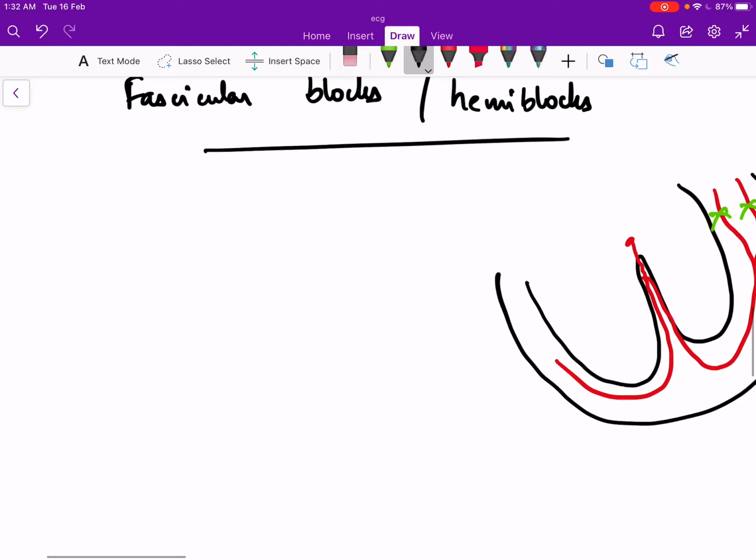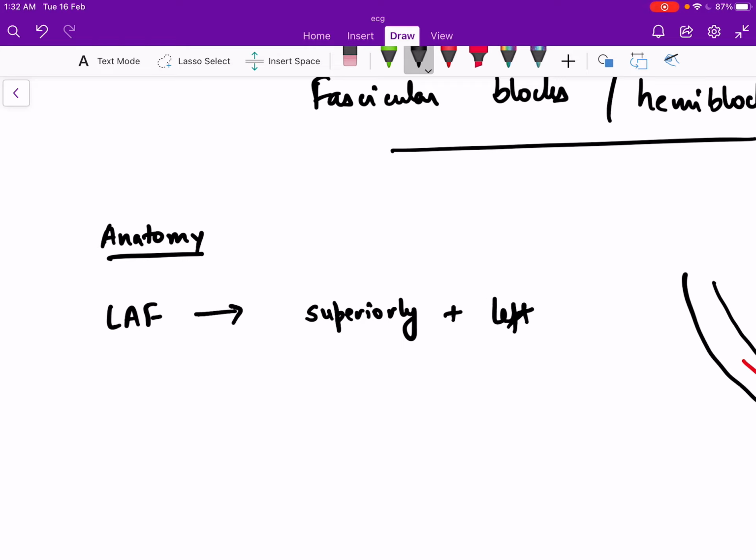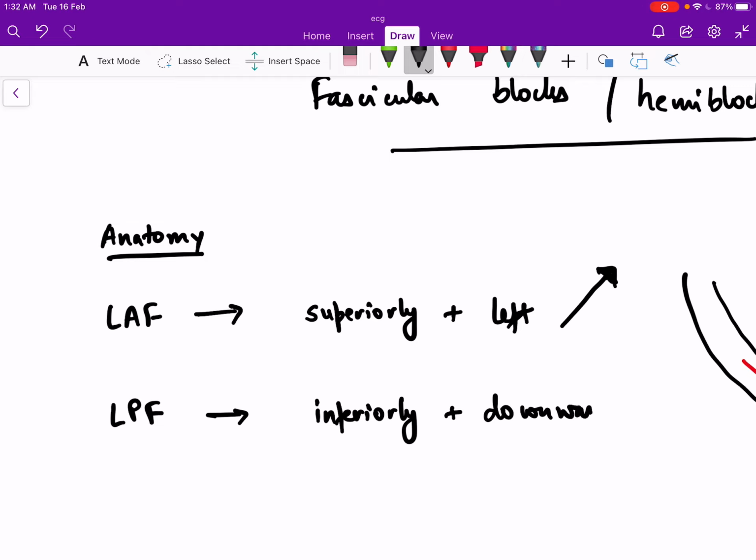If we see the anatomy, the left anterior fascicle faces superiorly and towards the left, which means in this direction, and the left posterior fascicle faces inferiorly and downwards, which means in this direction.